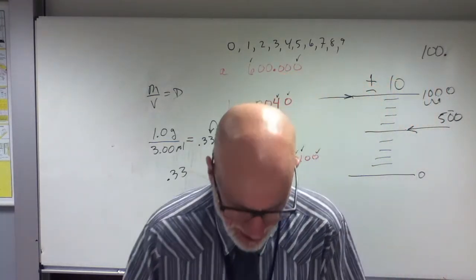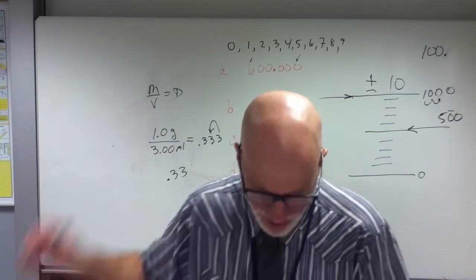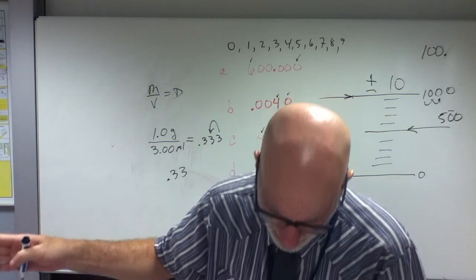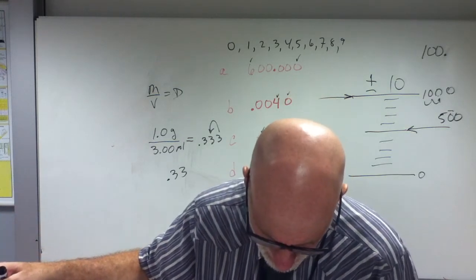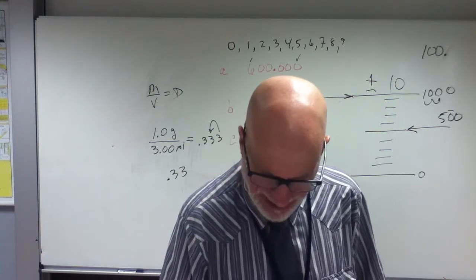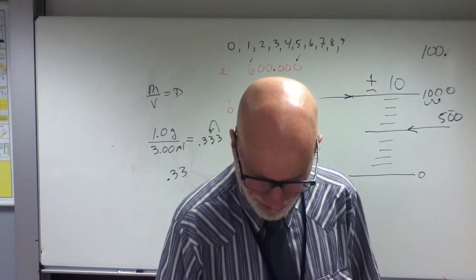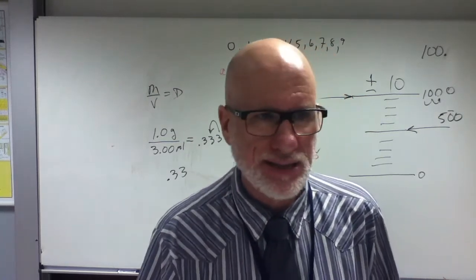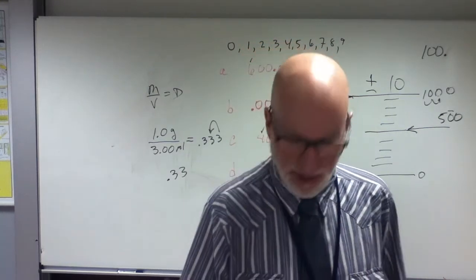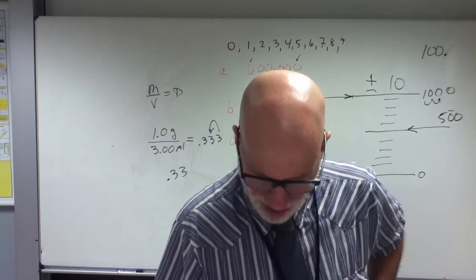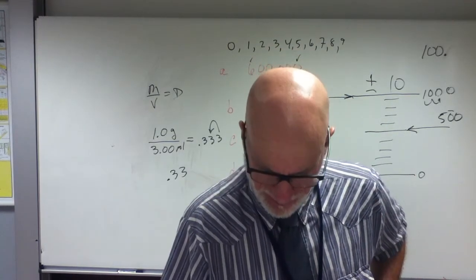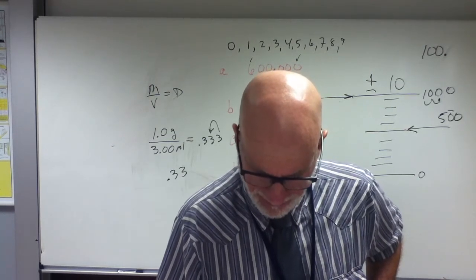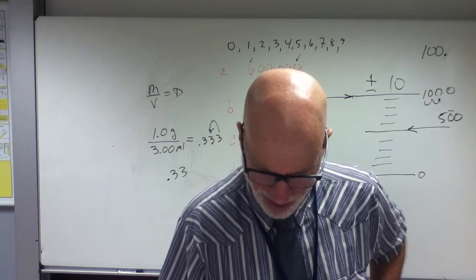Okay, number 5. Zeros at the rightmost end of a measurement that lie to the left of the understood decimal point are not significant if they serve as placeholders to show the magnitude of the number.